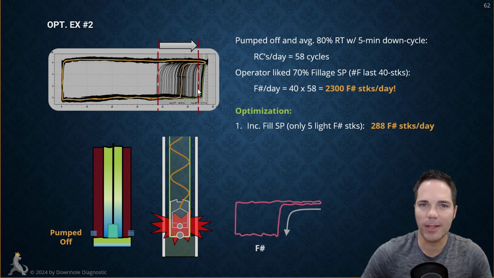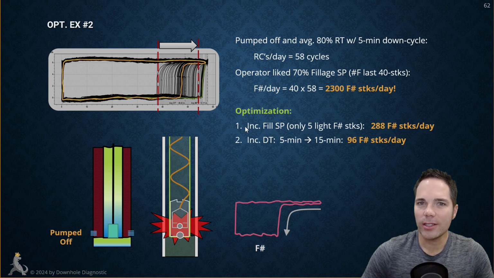So we get up here to maybe like a 94% fillage set point. So as soon as that fillage starts to drop just a little bit, it's going to rapidly shut down. Now we only have 5 very light fluid pound strokes for the end of each run cycle. Okay, so just by doing that, I took the number of fluid pound strokes per day and basically divided it by 10. We only have a tenth of it almost right now, just from that one simple change.